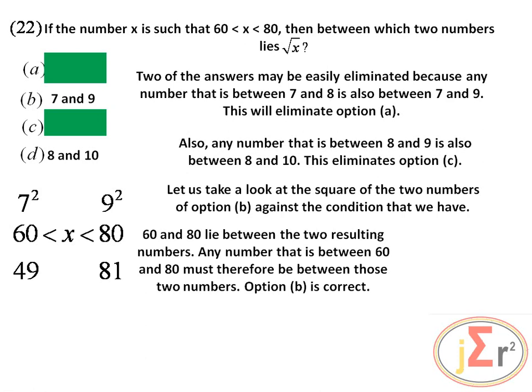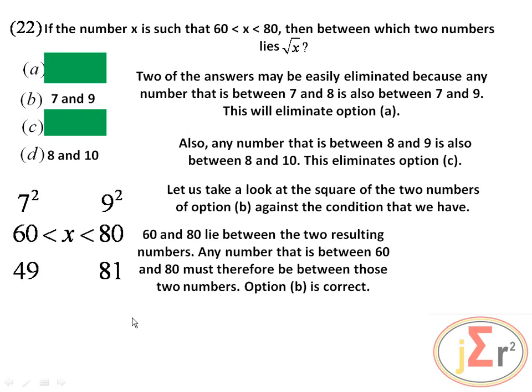So any number that lies between 60 and 80 will also lie between 49 and 81. Therefore, these numbers that we have here in option B cause that option to be correct.